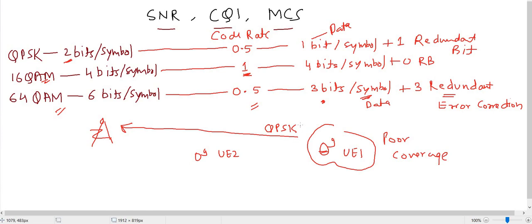So due to poor coverage, UE1 will tell E node B to use QPSK. Why QPSK? Because QPSK is a robust technique, and bits which are carrying data will be less.